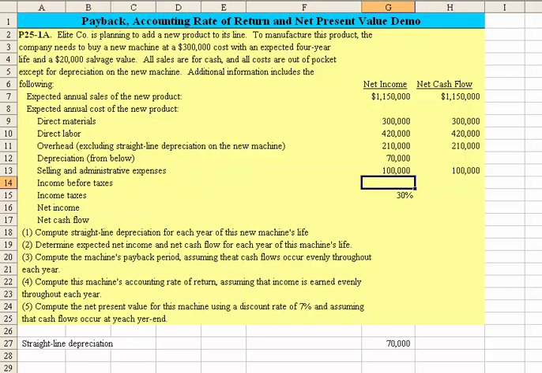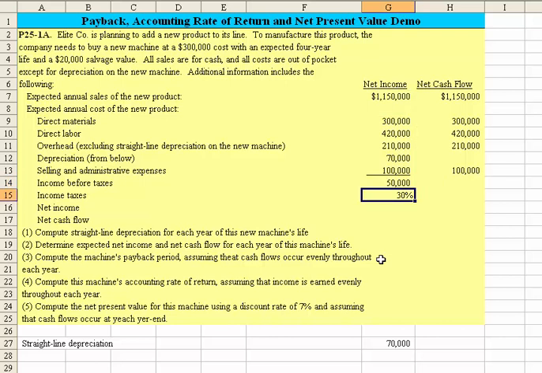Alright, so the income before taxes is going to be equal to the sales less the sum of all of these costs. Okay, hopefully you followed how I did that, right? We took the $1,150,000 and subtracted off the costs that were given in the problem, plus the depreciation that we had to compute.